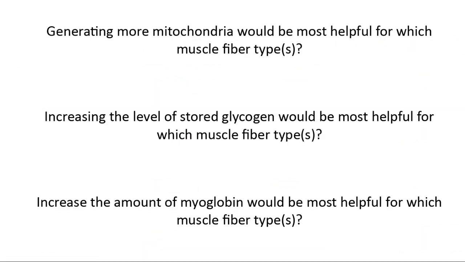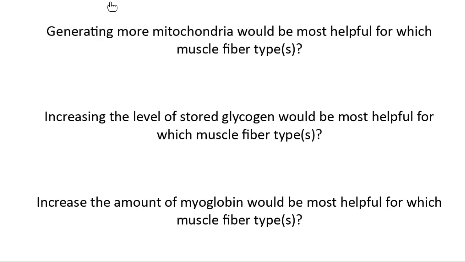Okay, so I promise these questions are as straightforward as they sound based on what we just talked about here. My first question asks us, if we have more mitochondria, who is going to benefit? Who does that help?